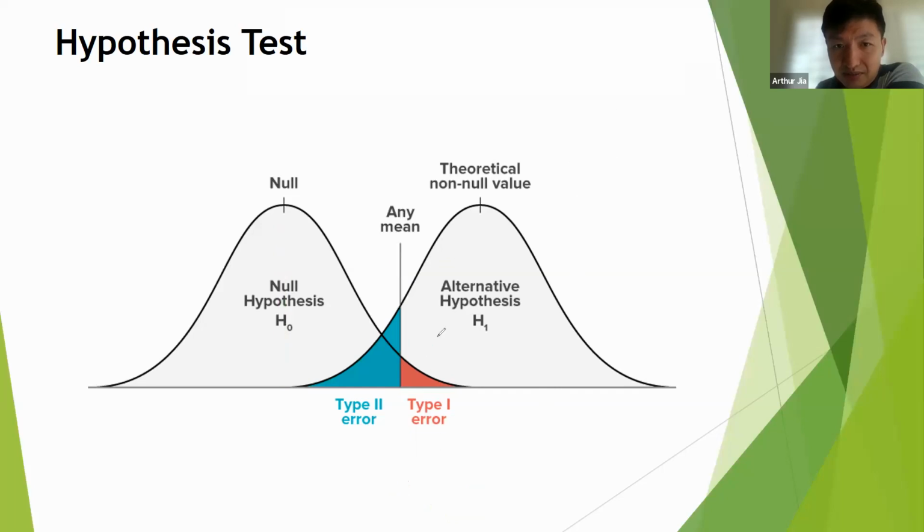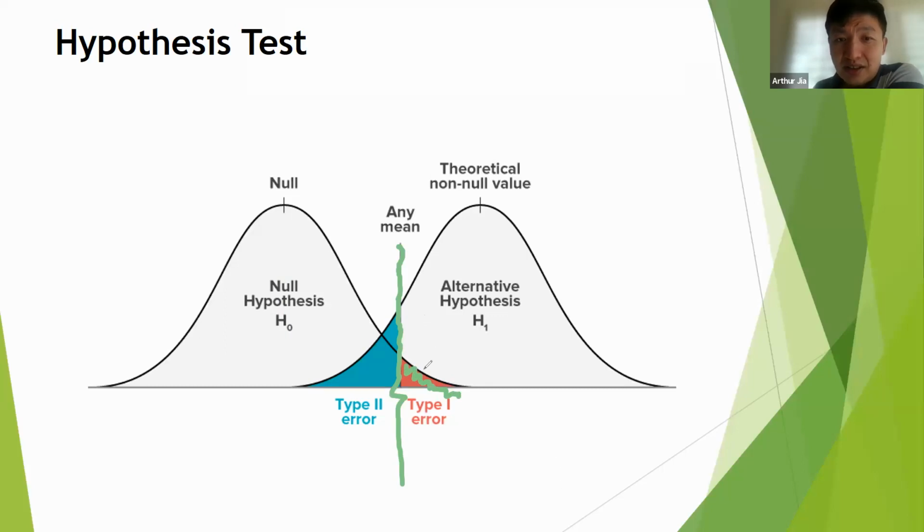So this area, the red area under the curve of what? Under the curve of the null distribution, right? If you assume the null distribution is true, then you can calculate the cutoff that specifies the area under the curve on the right-hand side equals 0.05. So that's the critical value or cutoff we often use.